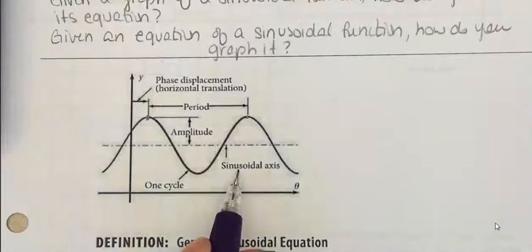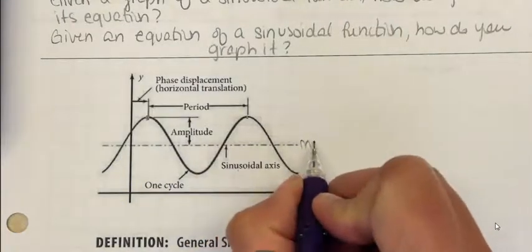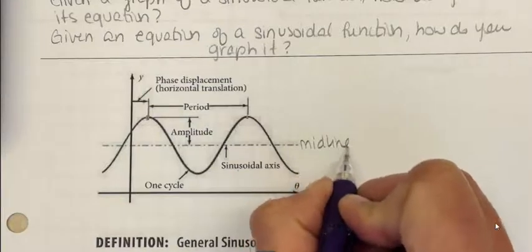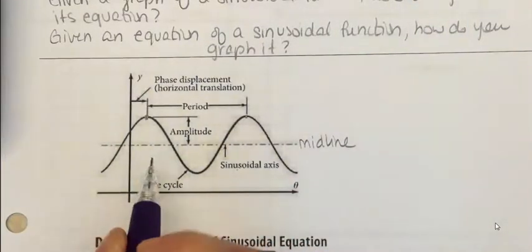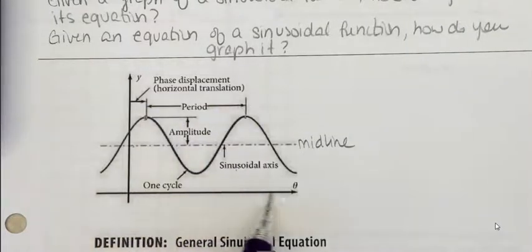The sinusoidal axis, I actually call it the midline. So that's this dotted line here. And basically, it is a transformation. Normally, in the sine and cosine functions that we've explored, this line has been the x-axis, right?